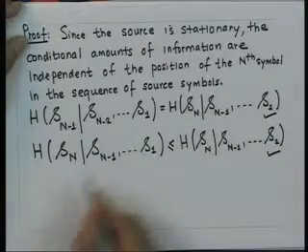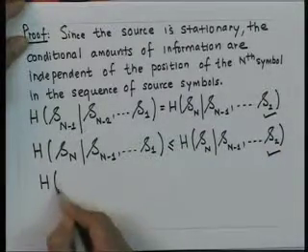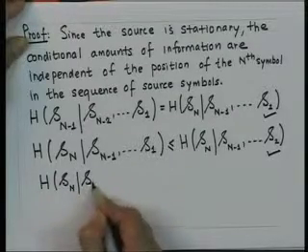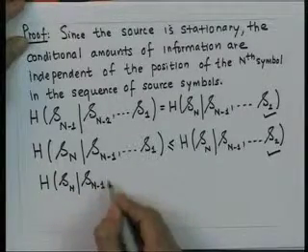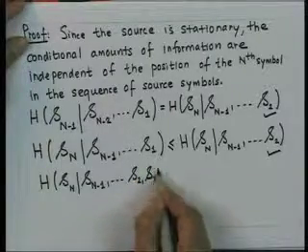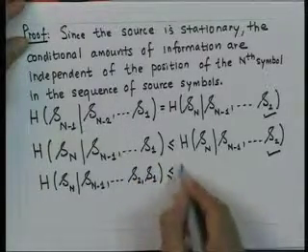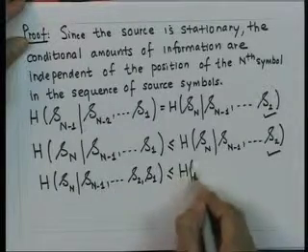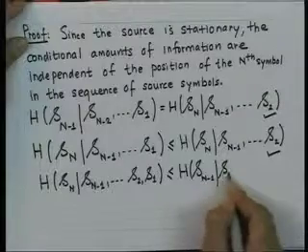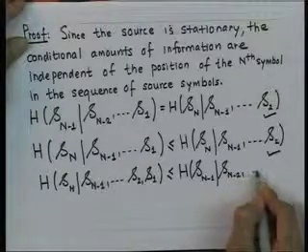This I can write because the source is stationary, and this is the property of the additional information measure, and from these two it directly follows that H of Sn given Sn minus 1 up to S1 is less than or equal to H of Sn minus 1 given Sn minus 2.